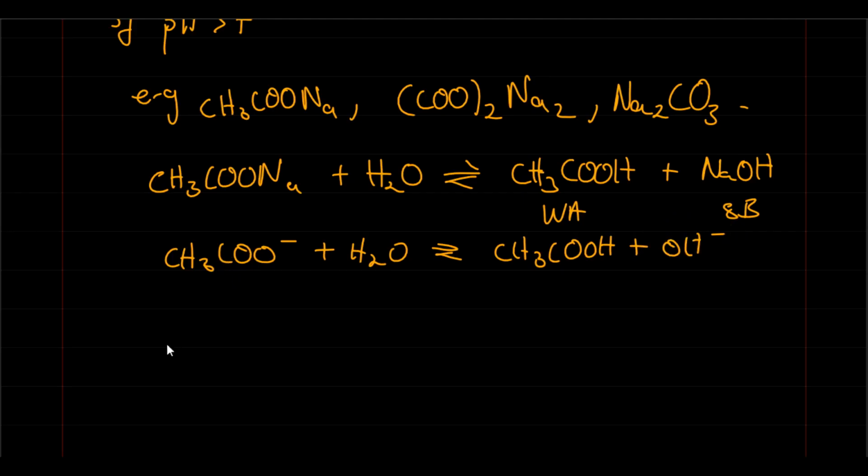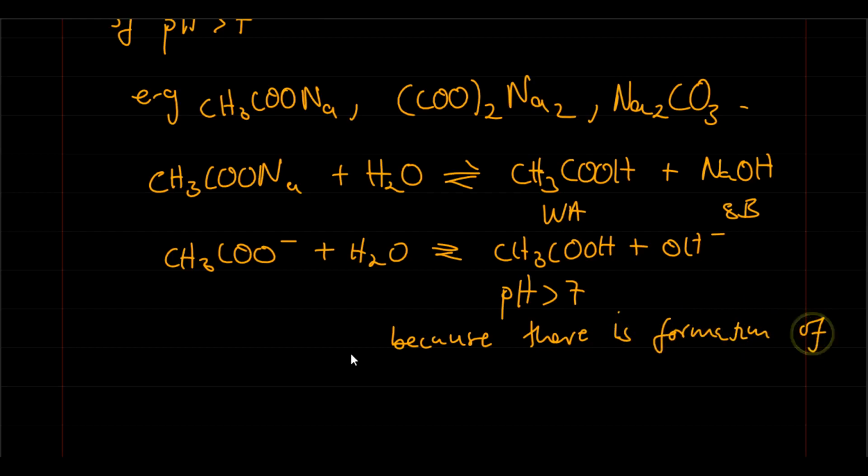So if you are asked what is the pH of the solution when sodium ethanoate is dissolved in water, will it be greater than, less than, or equal to 7? You will say the pH of the solution is greater than 7. Why? Because there is formation of hydroxide ion.